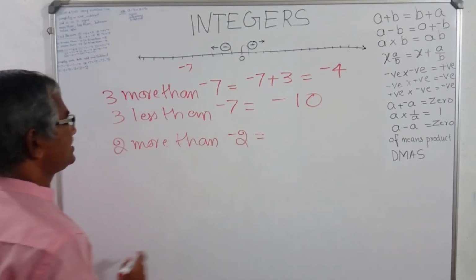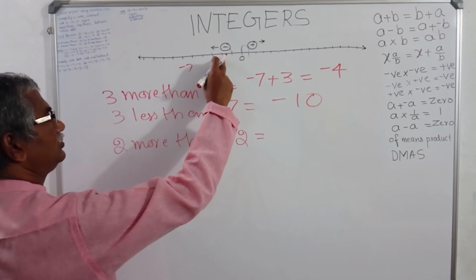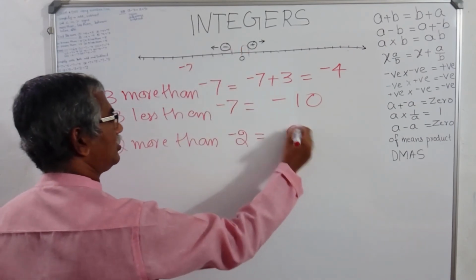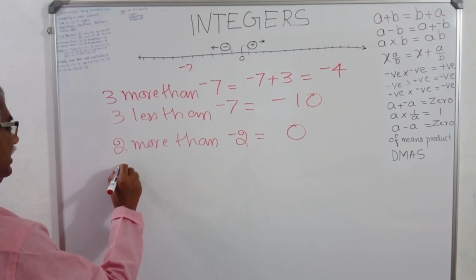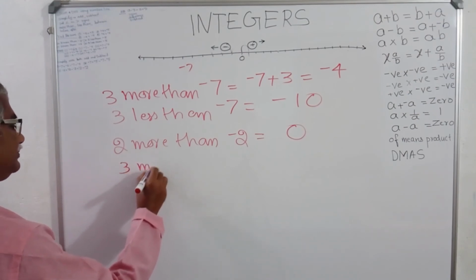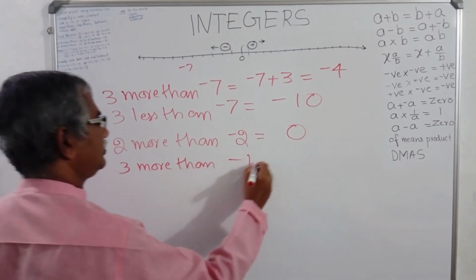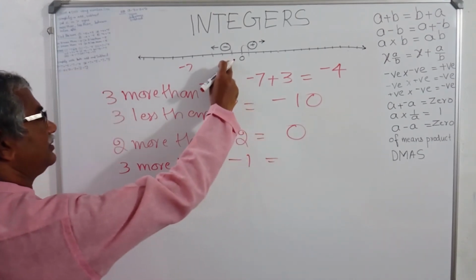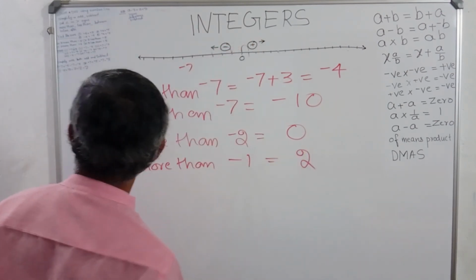What will be the answer? Take the -2. 2 more, it will reach 0. Again, 3 more than -1. Start from -1. Take 3 steps. You are getting +2.